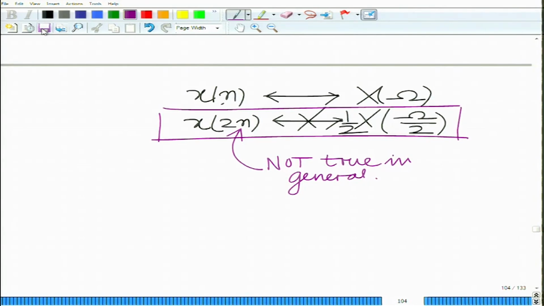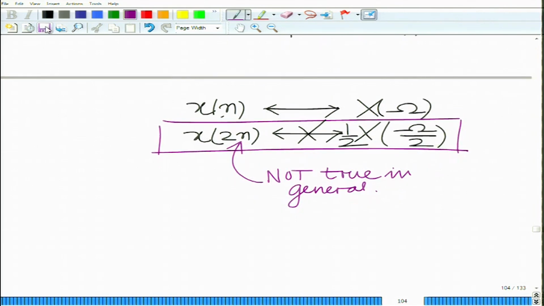This is not true in general, that is x of 2n. If you shrink the sequence, I cannot use the formula 1 over magnitude of a, X of omega over a, that is I cannot get the DTFT by half X of omega divided by 2. That result is not true in general.